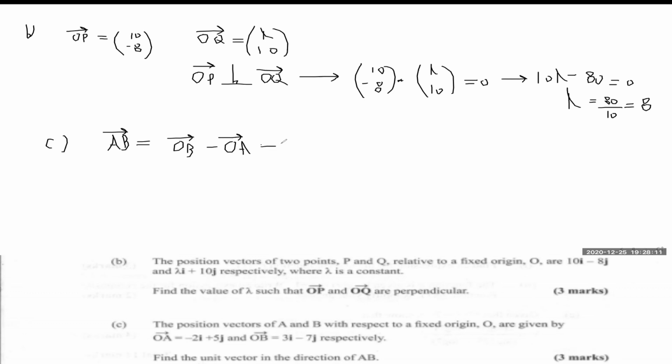So now what we're getting is vector OB, which is (3, -7), minus OA, which is (-2, 5).